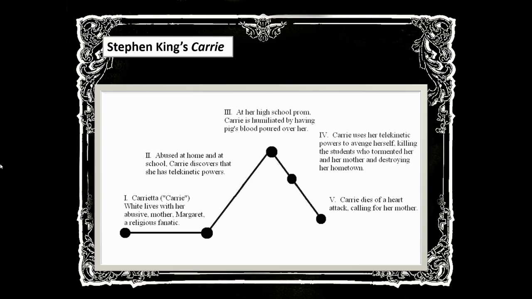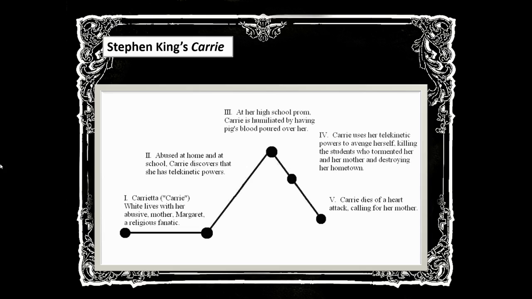So if you've watched a film version or you've read Stephen King's Carrie, then this plot will be familiar to you. Carrietta, or Carrie White, it's her last name, lives with her abusive mother, Margaret, a religious fanatic.